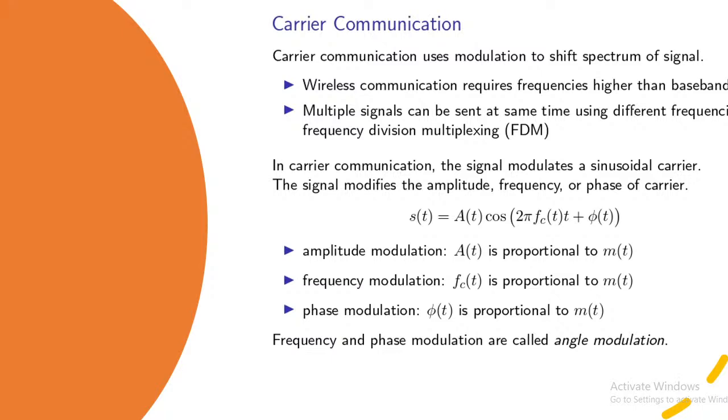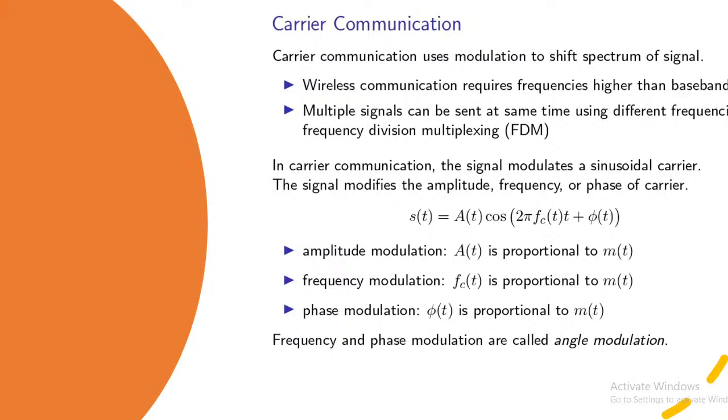Those can be modified. Now suppose we are considering a signal s(t) equal to A(t) cos(omega_c t + phi(t)). A(t) is the amplitude of the signal. This is the carrier signal. Omega_c is the carrier frequency, Fc is the carrier frequency.